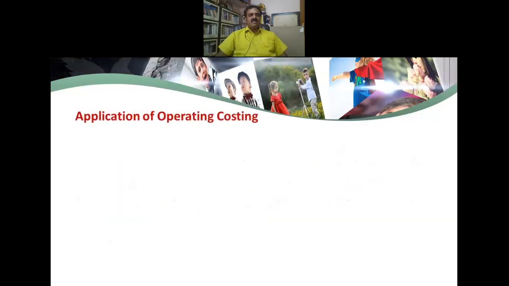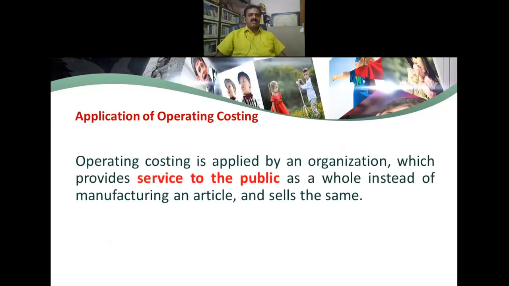As far as the application of operating costing is concerned, where exactly is it applied? This costing is applied by an organization which provides service to the general public, irrespective of whether the customer belongs to any caste, creed, religion or color.